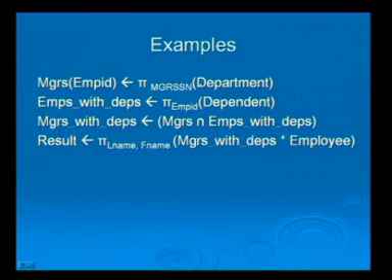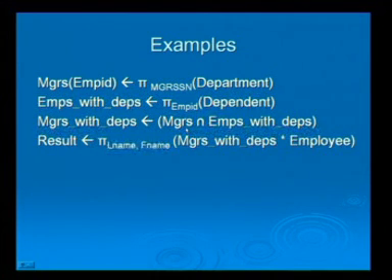So, we project manager ID from the department relation, and here that has been renamed to employee ID, because manager number is in turn an employee ID. And then from the dependent relation we also get the employee ID like the way we did before, and these are the employees with dependents.